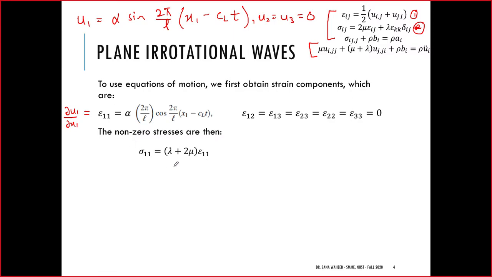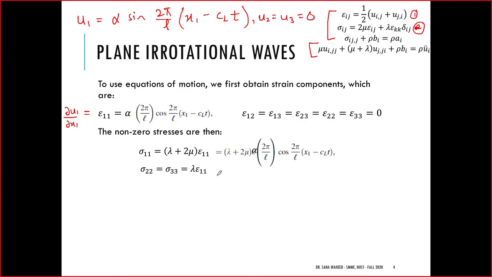Just that. And what will sigma 2 2 and sigma 3 3 be? Their own strain components are 0. They are only arising because of the trace part, because of epsilon kk. So for sigma 2 2 and sigma 3 3, what I'm going to get is just lambda times epsilon 1 1, and that's it.